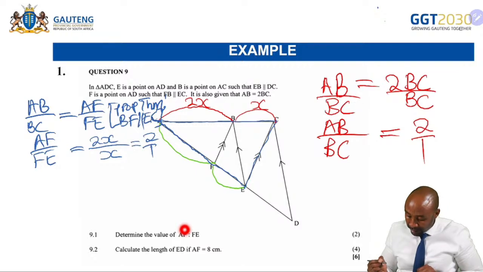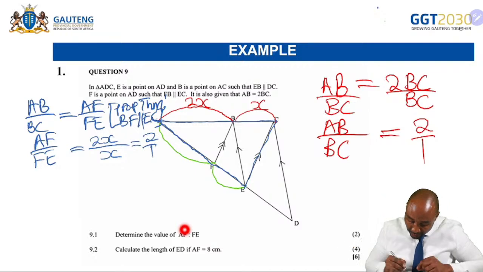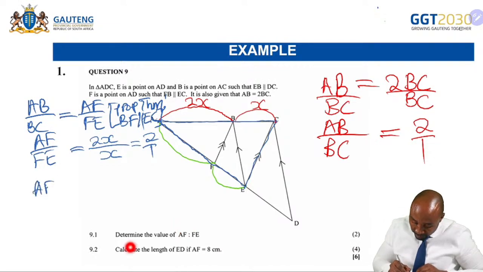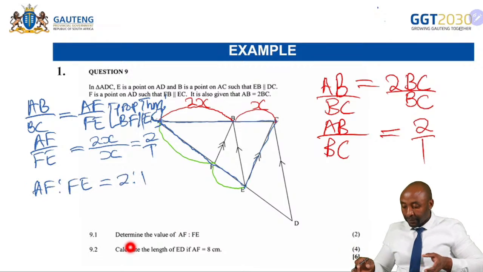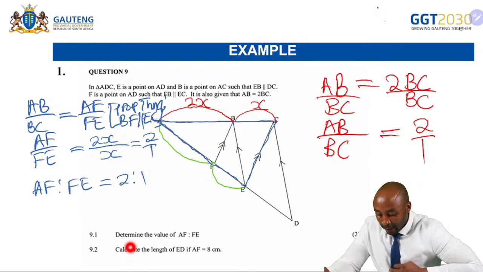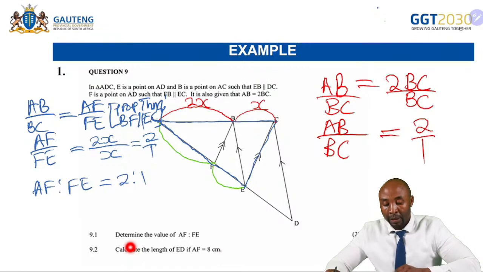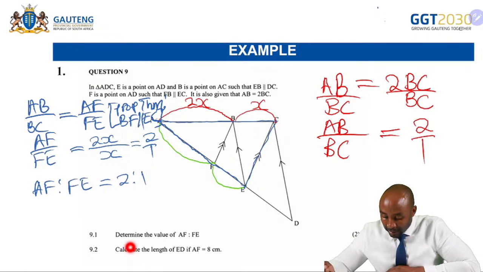So therefore, we are able to conclude that the ratio AF to FE is equal to 2:1. That's easy. You get your 2 marks there. But it's important how you lay down your solution. It's always important that you give your steps nicely and get your solution correctly.